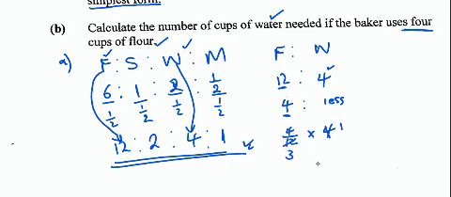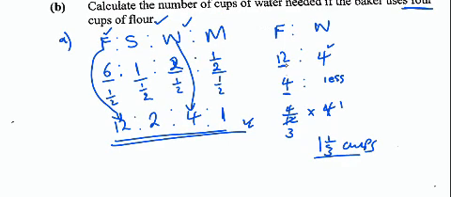That is 4 over 3, or 1 and 1 over 3 cups. Leave it like so. This is just a simple proportion. 12 is giving you 4. What about 4? Simple proportion to get 1 and 1 over 3 cups.